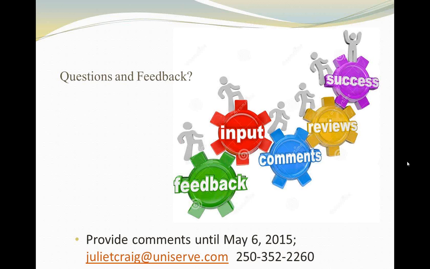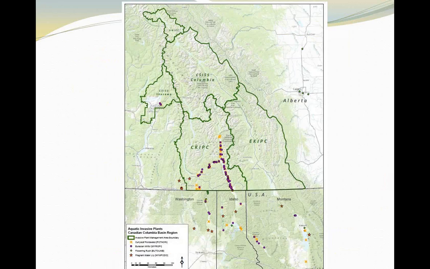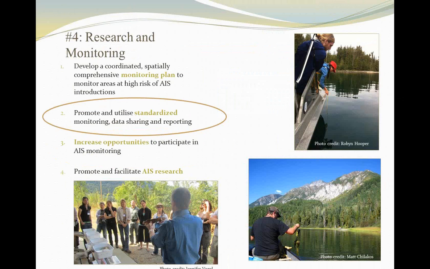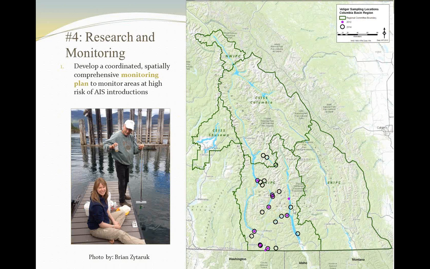Can I put my answer into the question box? That might be better. We can also look at this map, if we go back, the map of where the veliger sampling has occurred. There, that's where the veliger sampling has occurred, so it looks like there has been sampling done in the Arrow Lakes there: Upper Arrow, Lower Arrow, and Slocan Lake.